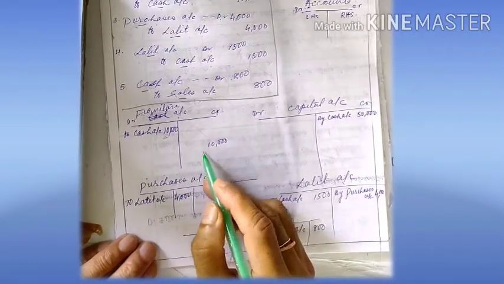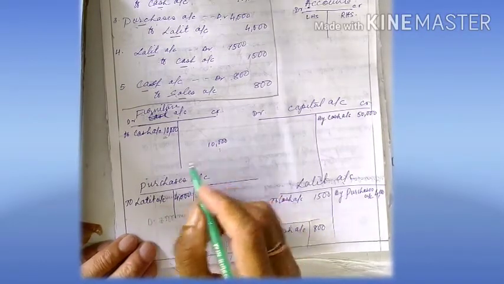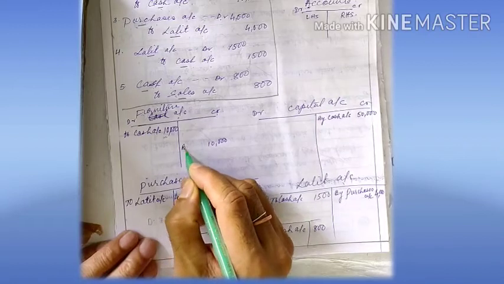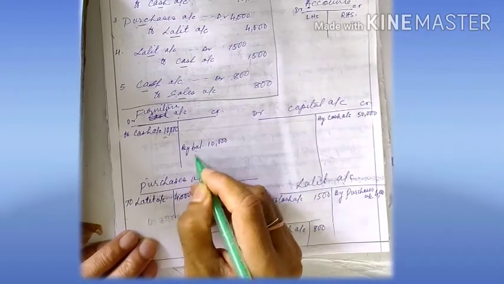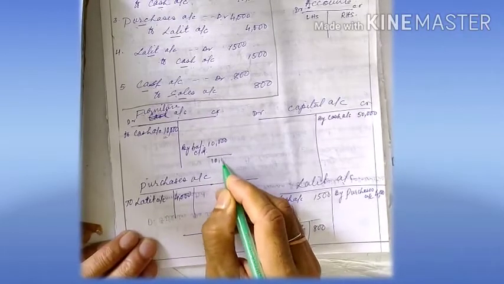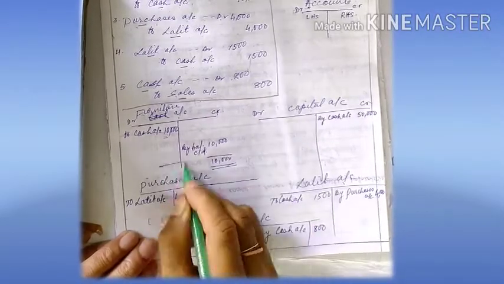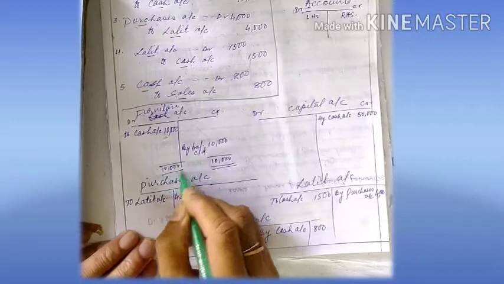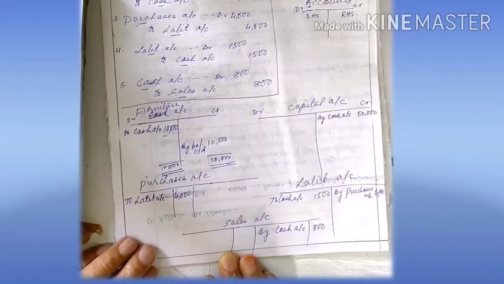Now this amount which you have added will be termed as balance CD. So this is by balance CD. After writing that, we take the total 10,000. Here also 10,000. Right?